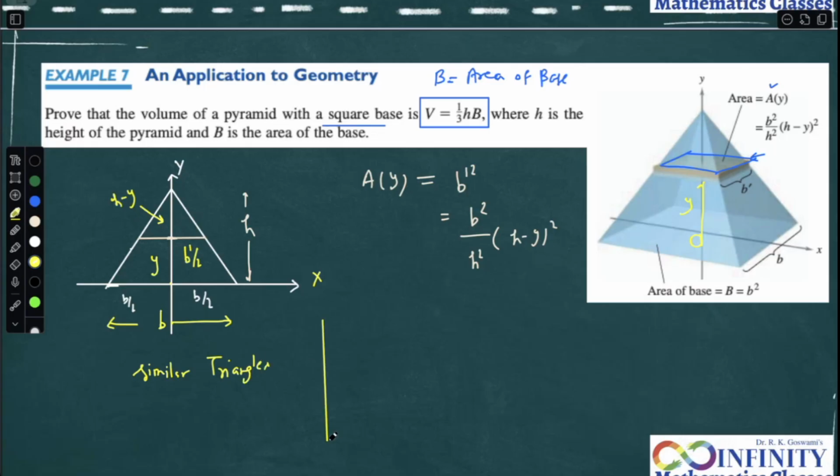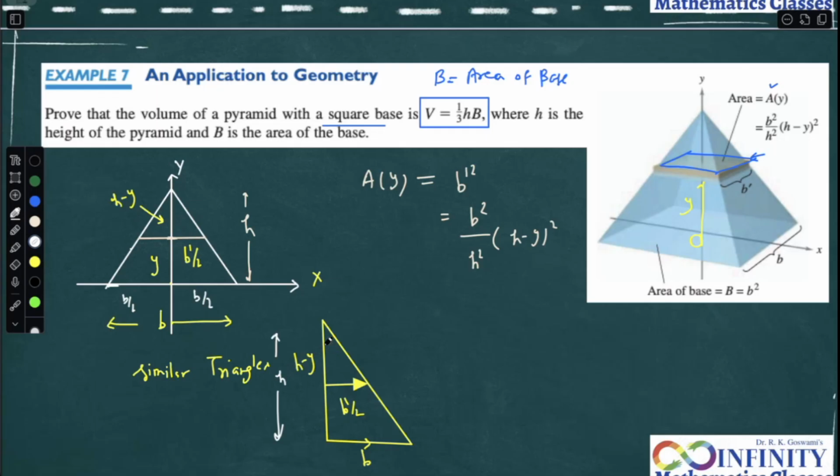There is a vertical line. There is another base line perpendicular to the vertical line. This is the original. Then you have another line which is parallel to the given base line. So this is going to be h minus y for you. The whole is h. This is going to be b prime by 2. This is b there, and the complete height is going to be h.